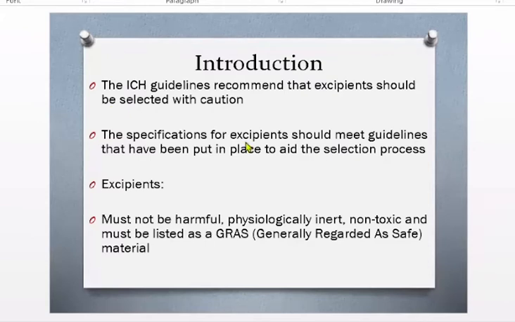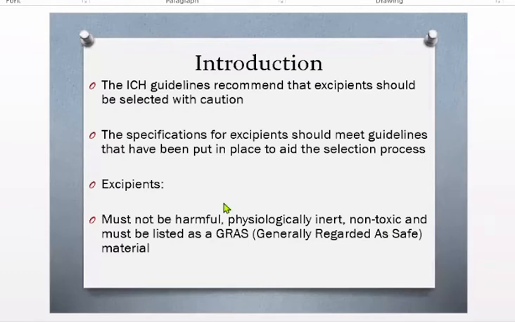So specifications for excipients should meet guidelines that have been put in place as a way to aid the selection process. So we have standard guidelines which you need to follow. And when you are looking at a wide variety of excipients, you must follow those guidelines.